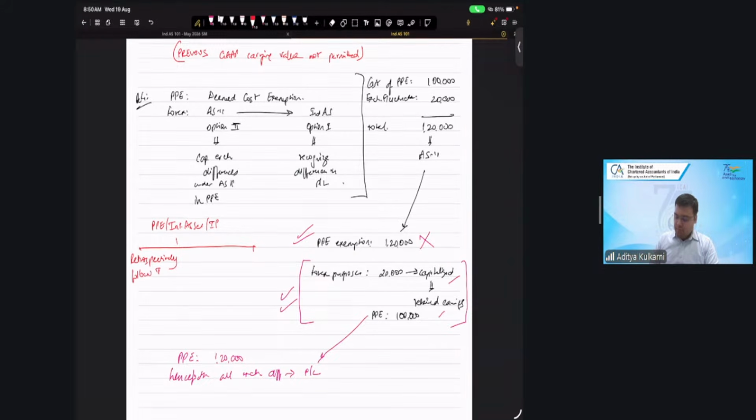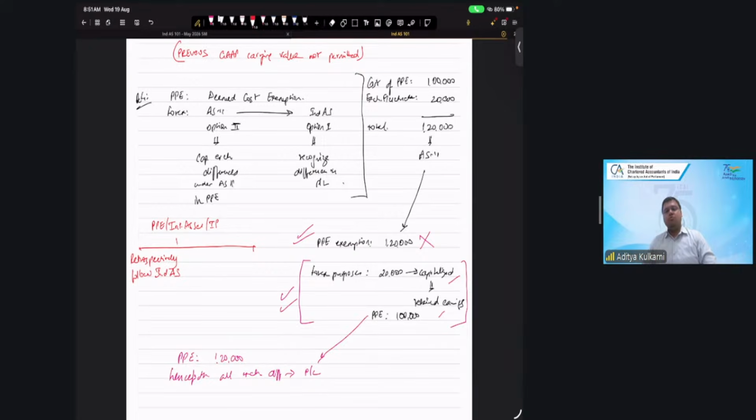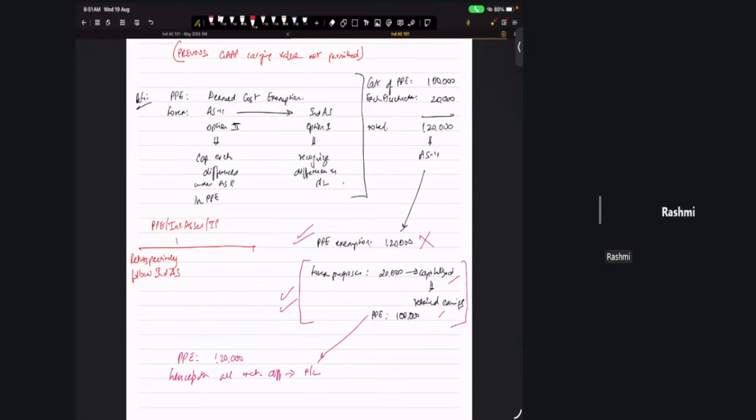Retrospectively follow Ind AS. This is always by default going to be there for everything. The standard will say if you want to do it, who am I to stop you, right? If you want to do the hard work, why should we stop you? Yes or no? Yes, sir.